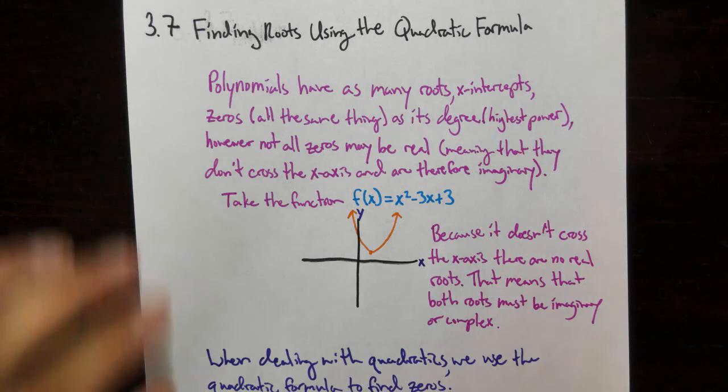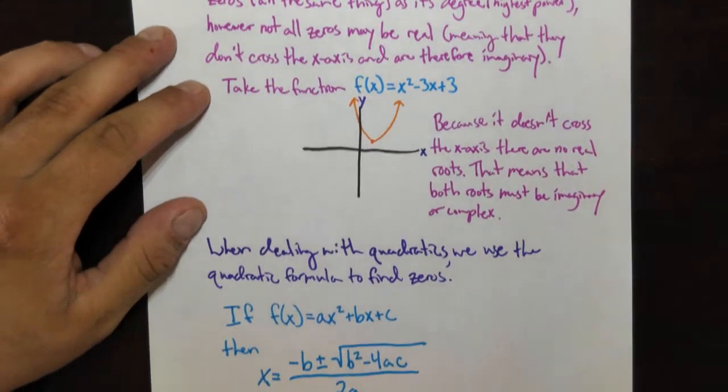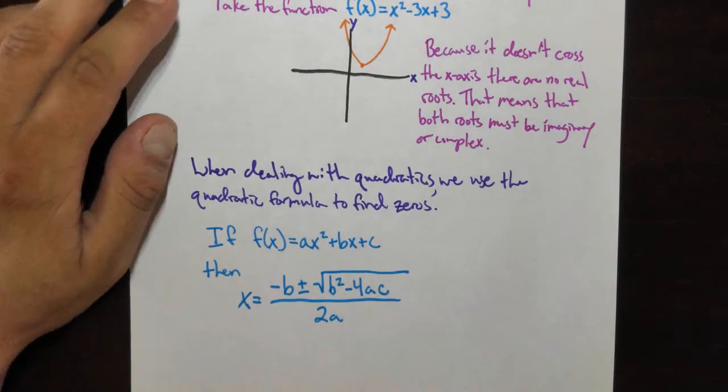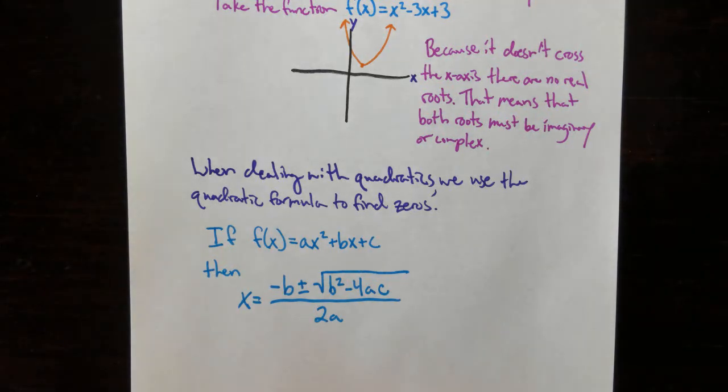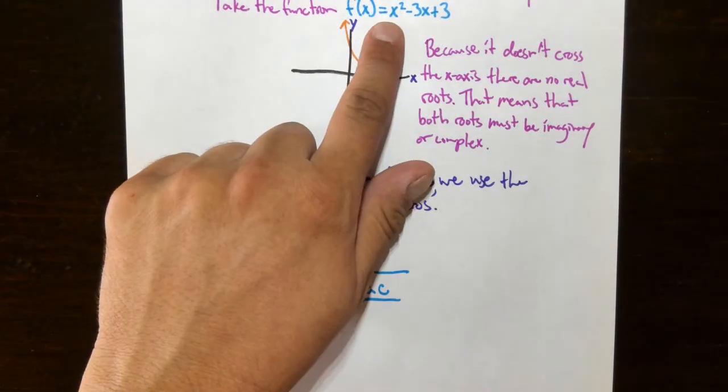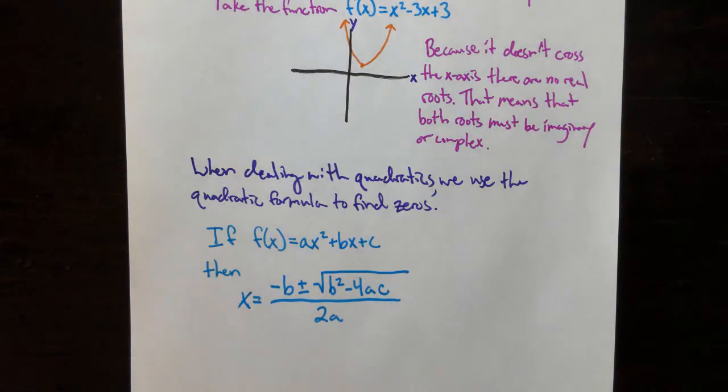So let's go on talking about how to find zeros. There are a few ways to find zeros of a polynomial, and the most surefire way is through the quadratic formula. So when dealing with quadratics, or second degree polynomials, or anything to the second power, we use the quadratic formula to find zeros. So this is how it works.